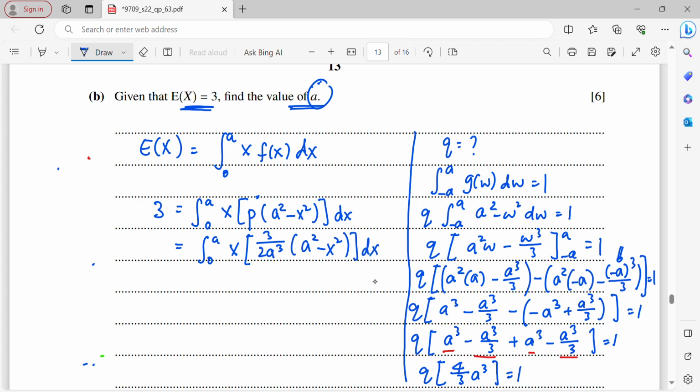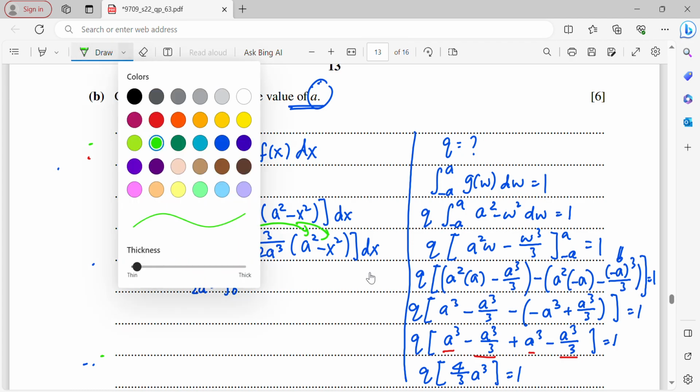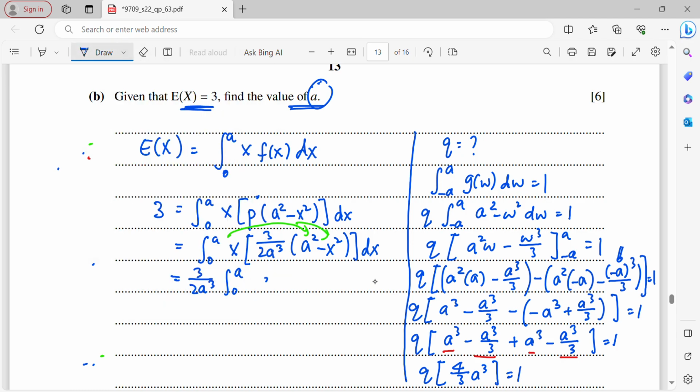So since the 3 over 2a cubed is a constant, I can just take it out. So it will be 3 over 2a cubed, integrate 0 to a, and then now this x will be times to the bracket. Then I will be getting (a squared x minus x cubed) dx. And now I will do the integration.